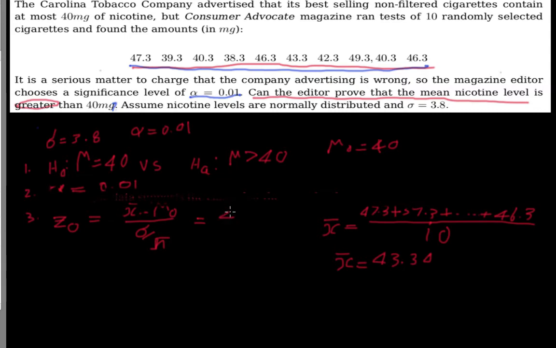X bar 43.30 minus mu naught, here we know 40, divided by sigma given 3.8 divided by root n, the sample size. Okay, this answer is 2.746.